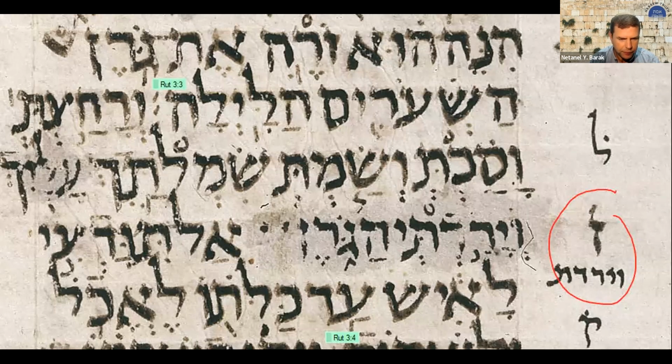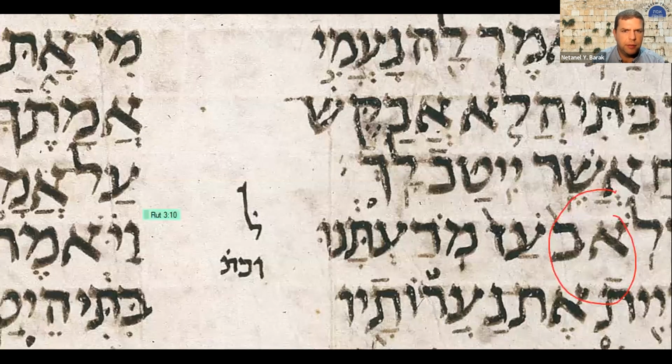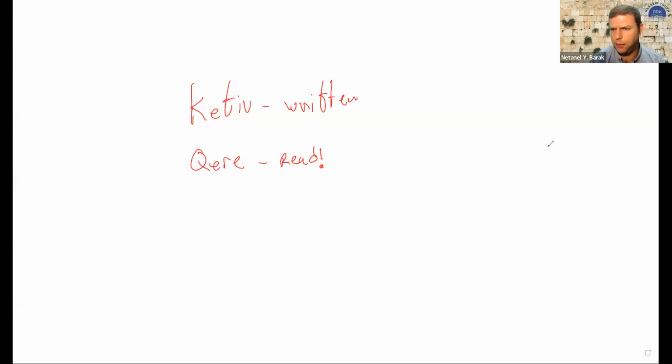I'll give you the best example. Every time we see this word in the Bible, how do we read this word? We don't read it by these 4 letters.